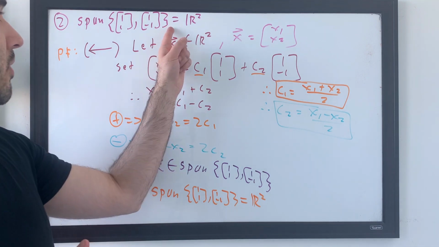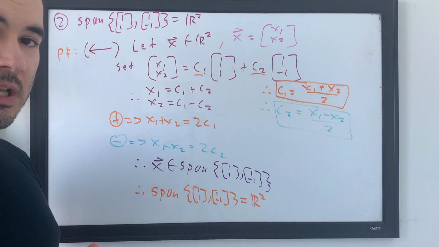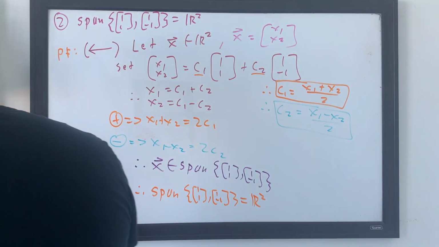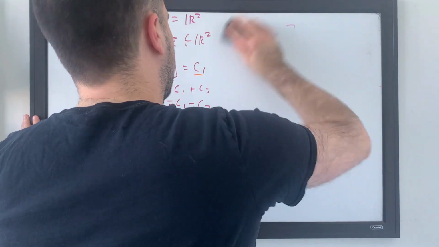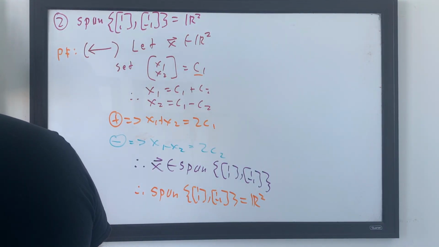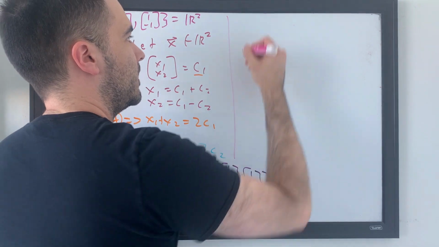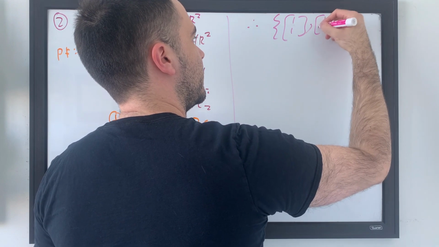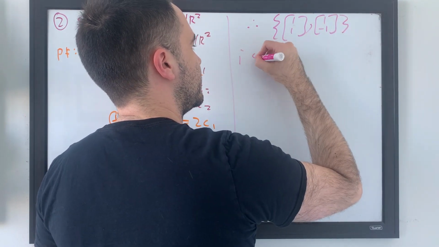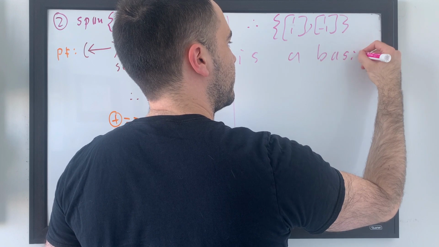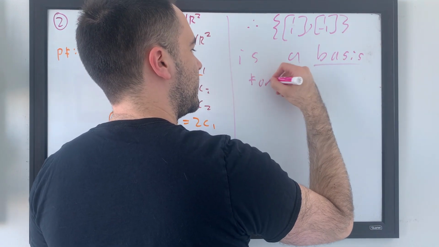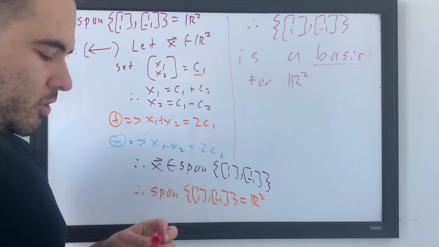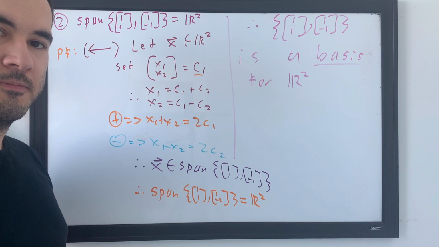And if we combine this with the fact we already proved in step 1, that it was linearly independent, therefore (1, 1) and (1, -1) is a basis for R squared. And that is how we show a particular set of vectors is a basis.